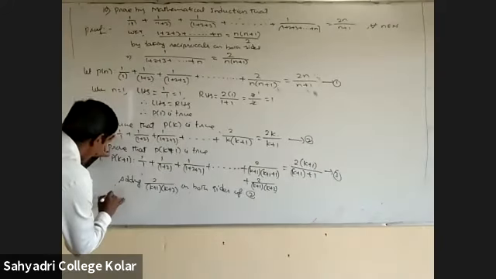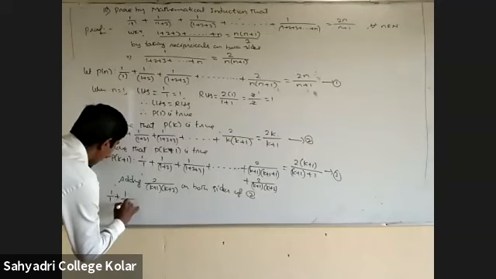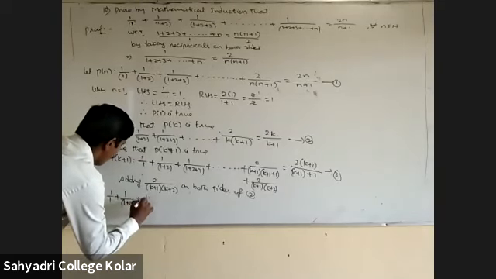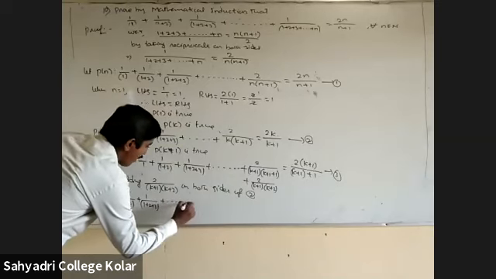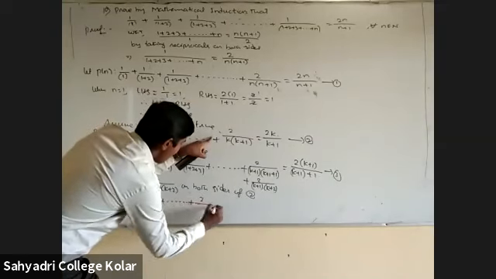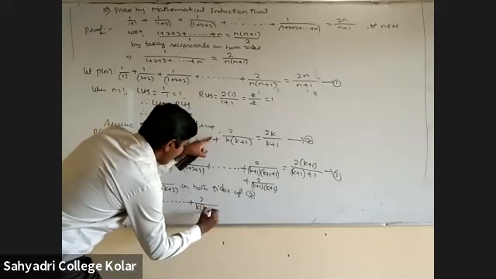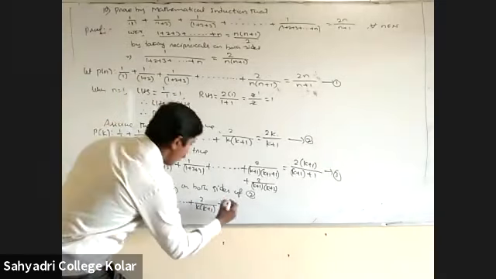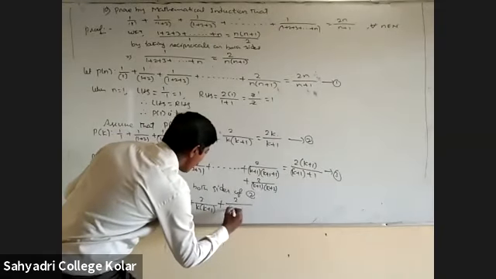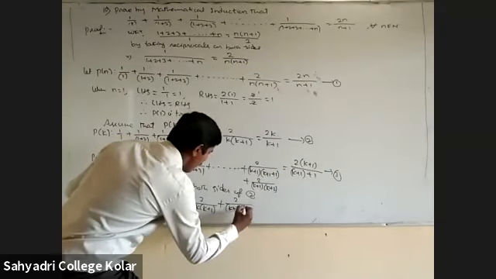LHS: 1 by 1 plus 1 by (1 plus 2) plus 1 by (1 plus 2 plus 3) plus so on, 2 by k into (k plus 1), plus I am adding this term, 2 by (k plus 1) into (k plus 2).